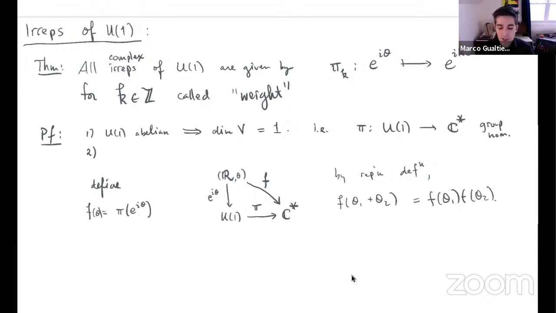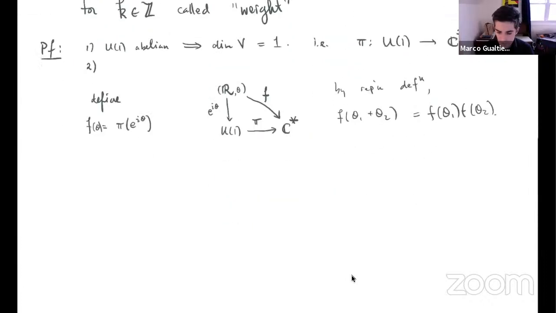But the point is that this map F is a smooth map, and so is pi, and all of the maps here that I'm drawing are always smooth. So we can differentiate this. It's an interesting exercise to try to avoid this and prove it from first principles, but I'm not going to do that.